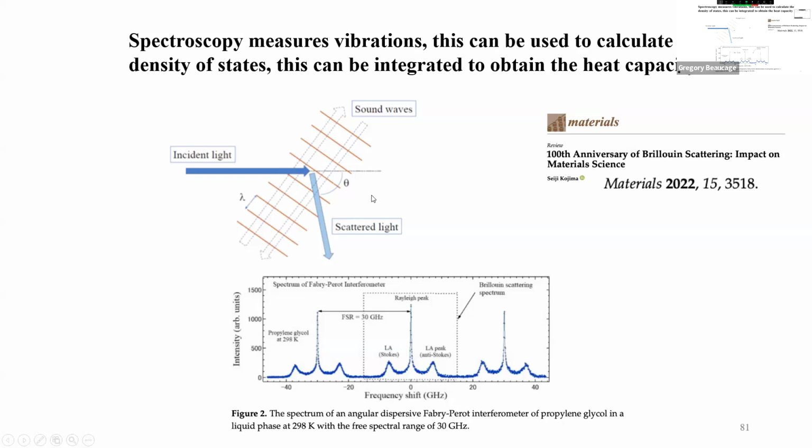So you have some kind of bond vibration that can absorb the energy and give you the Stokes, a lower frequency. Or the bond could already be vibrating and contribute to the light, and then you get a higher frequency. To get Stokes and anti-Stokes, there's a symmetric pair of peaks shifted that are associated with the vibrations of the material.